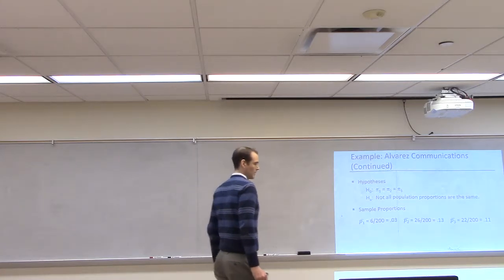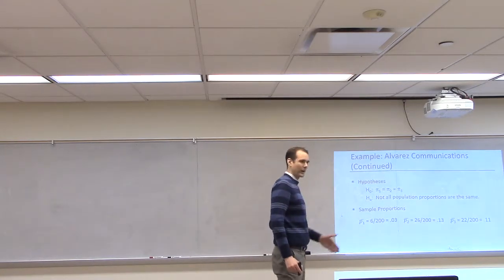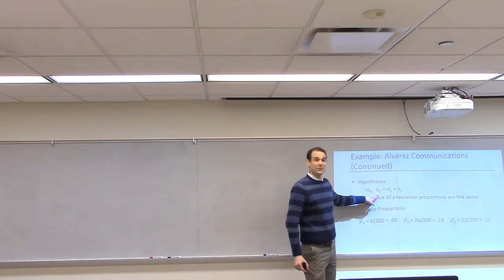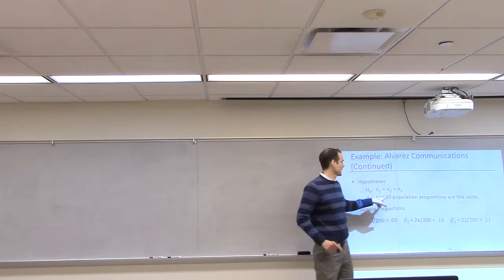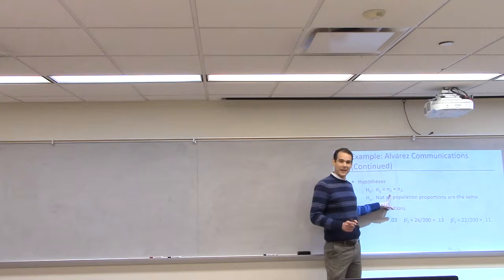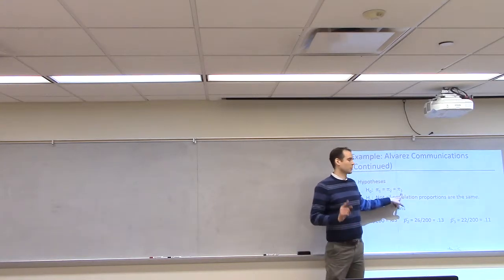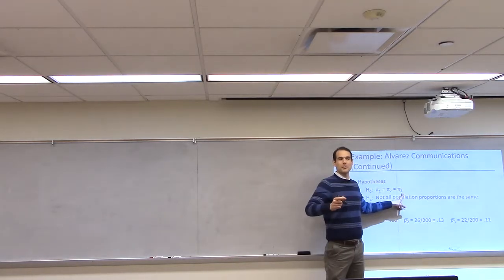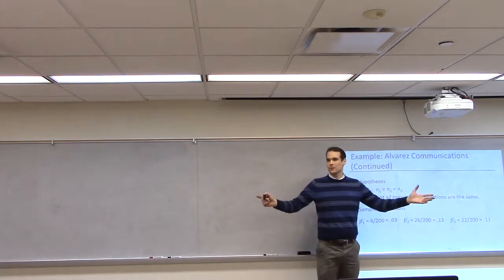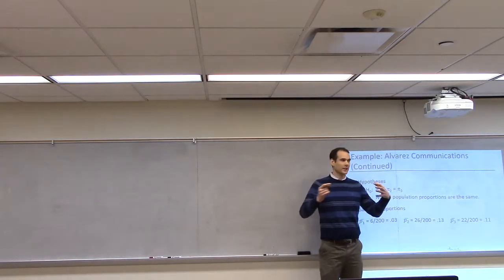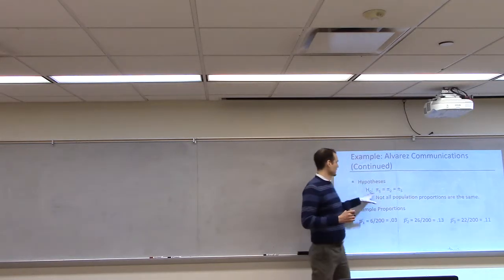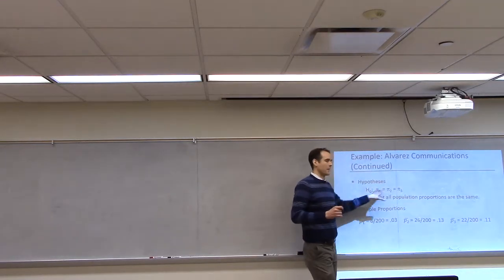Shipment 1, supplier 1: true population proportion of defectives of supplier 1 equals the true population proportion of defectives supplier 2 equals true population proportion of defectives supplier 3. Remember I said, maybe these suppliers give us 20,000 cell phone shells, and we just looked at a sample of 200. So they're all the same in our null hypothesis.